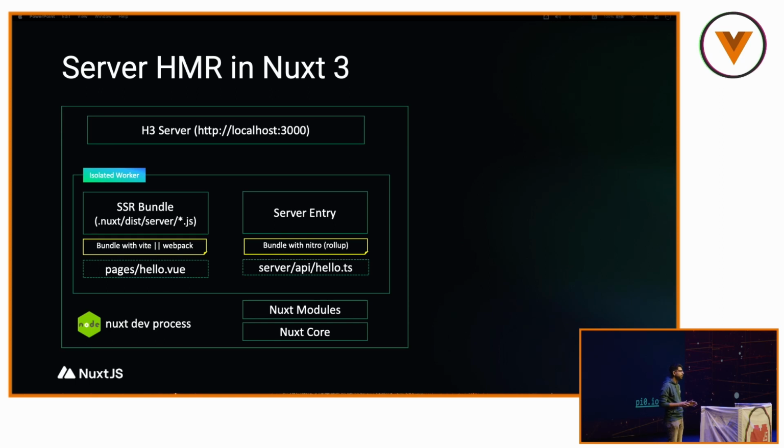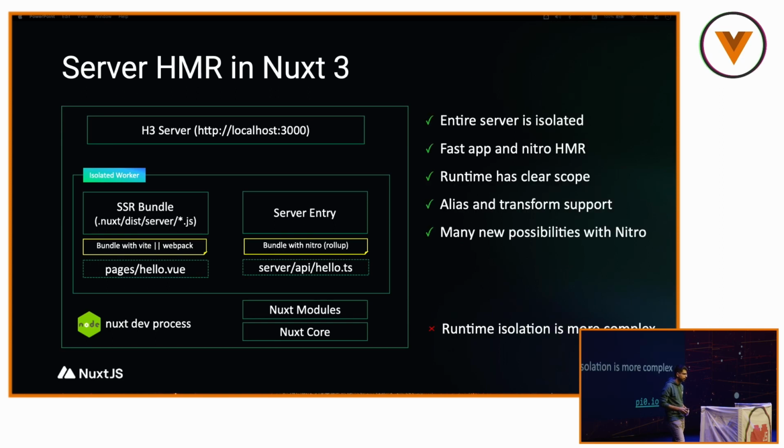Comparing the architecture between Nuxt 2 and Nuxt 3, if you remember, the server entry and server middleware were outside of the bundle. In Nuxt 3, they are integrated into the same bundle. When we are building the application using Vite or Webpack, it's its own bundle in an isolated worker. Nitro also builds the tiny chunk that is required for Nitro during development mode. It's a few hundred lines, which is super fast to generate.